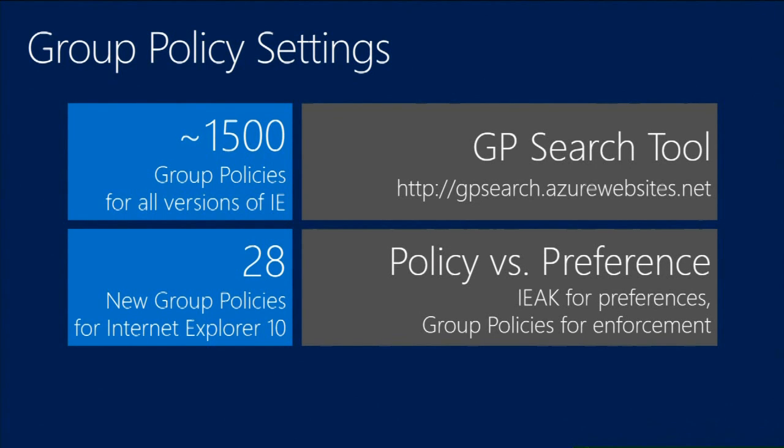You can customize the browser for everything from a lockdown security browser to something that's more generic for consumers. There's lots of flexibility here. There are some new policies for Internet Explorer 10. Most of those policies relate to the features of Internet Explorer 10. For example, there is a feature to turn off Flash instantiation, and I'll talk more about that in just a moment.